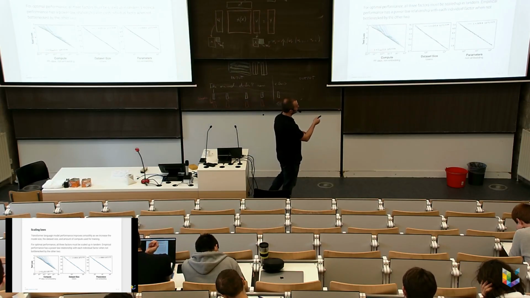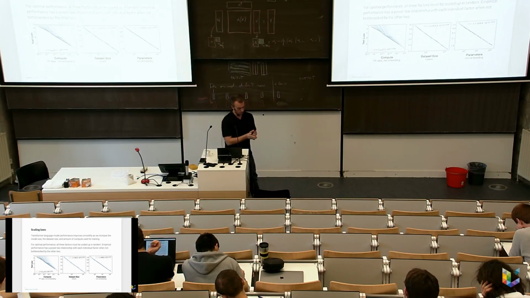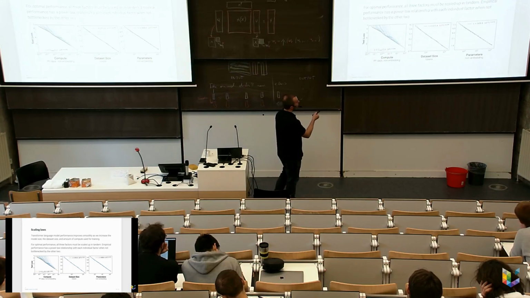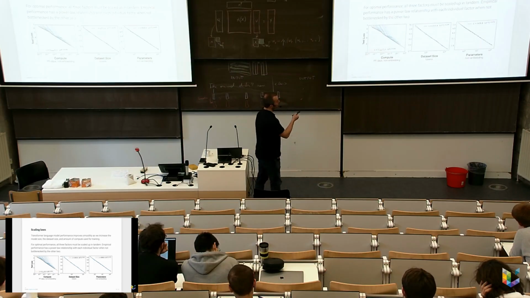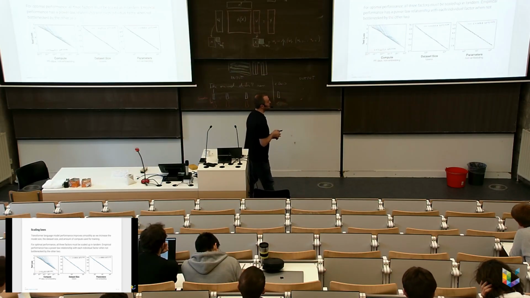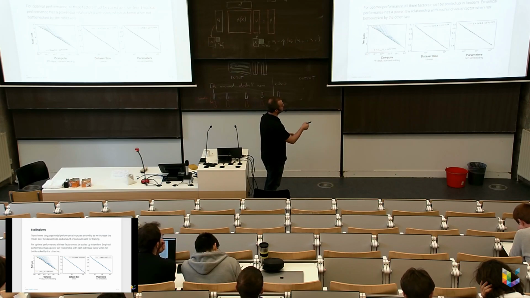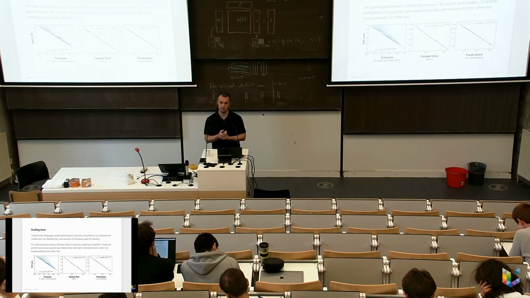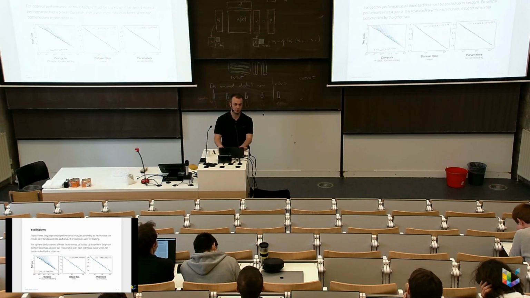The larger the data set, so the more tokens you have for training, the better. These are plots showing the test loss, first as a function of compute, then as a function of the size of the training set, and the same for the number of parameters. The bigger you make these neural networks, the better. Okay, so that's maybe not very smart, and a bit brute force-like, but that's what has been working very well. Just make everything bigger, and you will get better results.